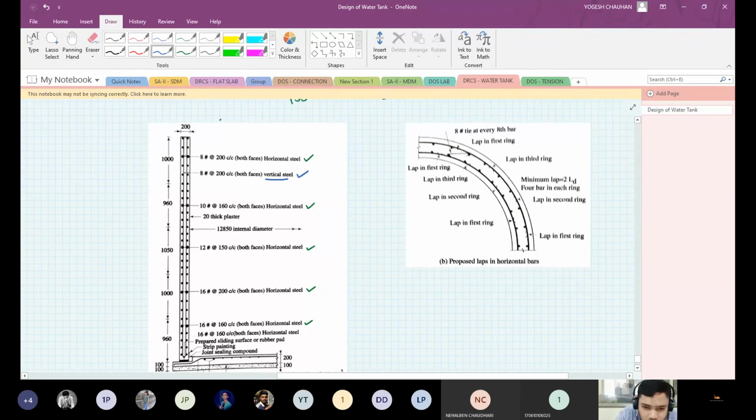And the hoop steel is provided on the outer side, and the vertical is provided inside. So in plan, this is the hoop steel, the one going through, and the ones shown in dots are the vertical steel. This is in the plan view.